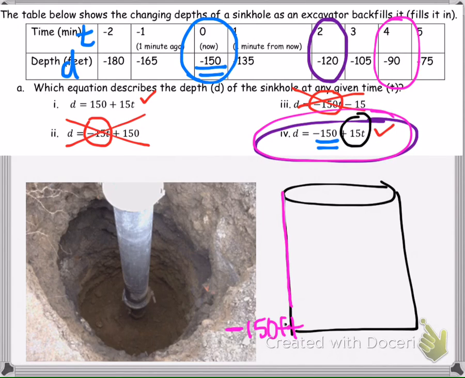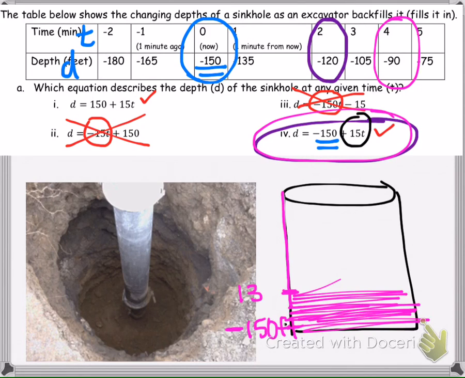So in 1 minute, it's going to go from 150 feet below the surface to 135 feet below, as it's filling up with dirt. And then another minute goes by, and now it's going to be 120 feet below, and so on, and it's going to keep filling the hole.